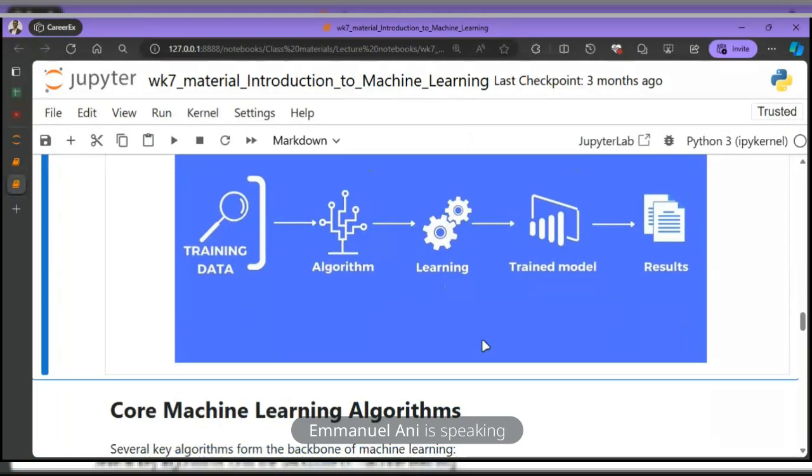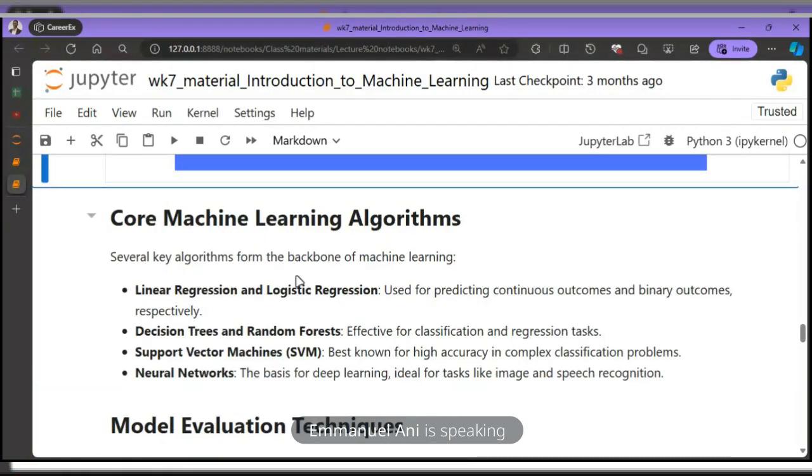All right, so we're going to now look at core machine learning algorithms. Algorithms are very important in machine learning. These algorithms are basically a step-by-step process of solving a problem. So different tasks require different algorithms.